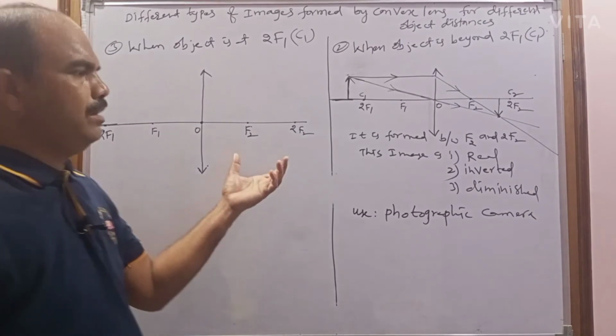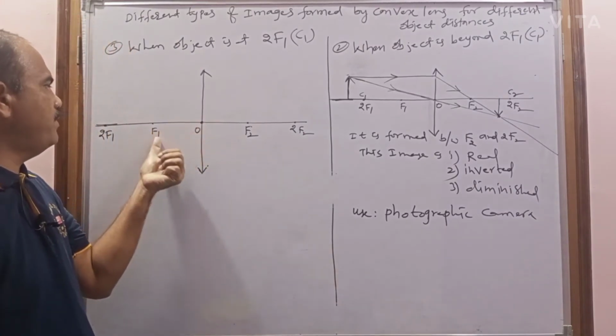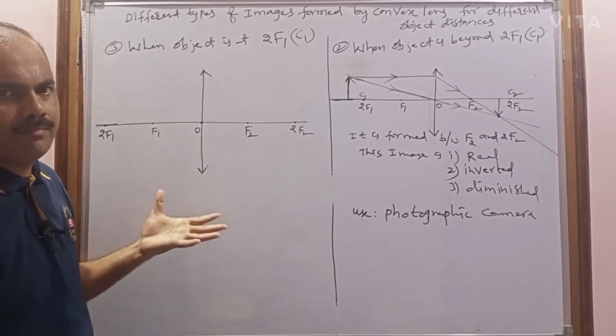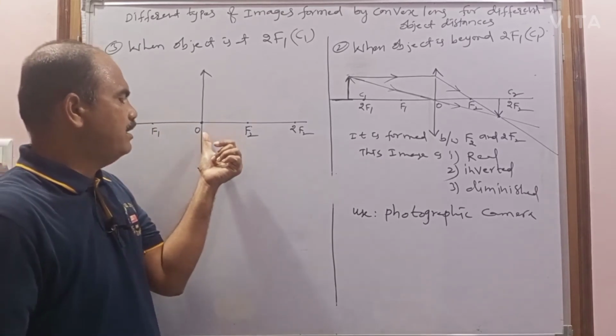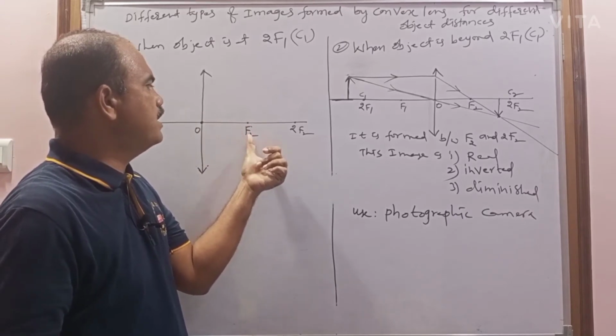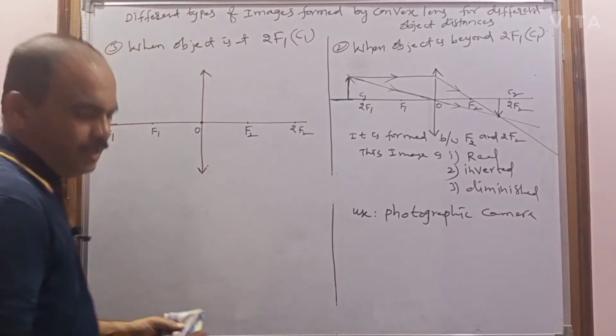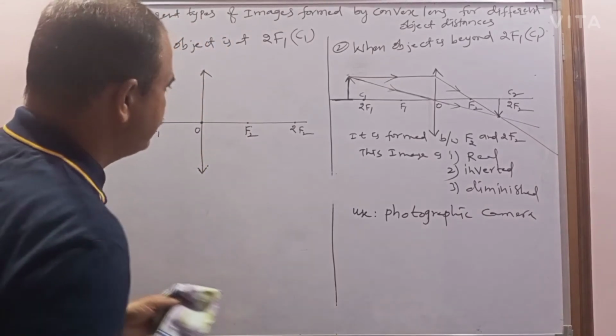While drawing the diagram you have to remember the distance between the optic center and f1, and f1 to 2f1, must be the same, as well as the distance between the optic center to the second focus f2, and f2 to 2f2 is also the same. Then only you get the diagram clearly and exactly.